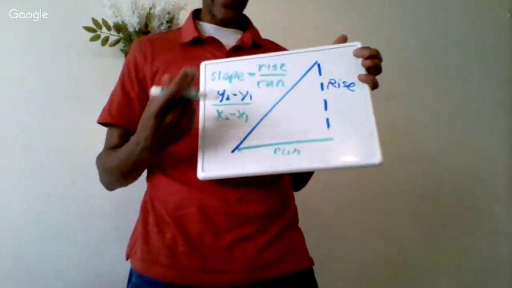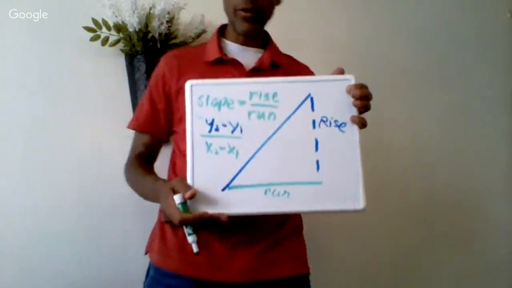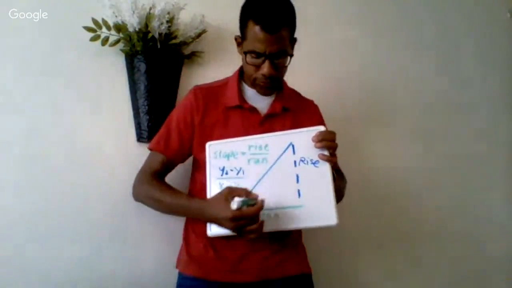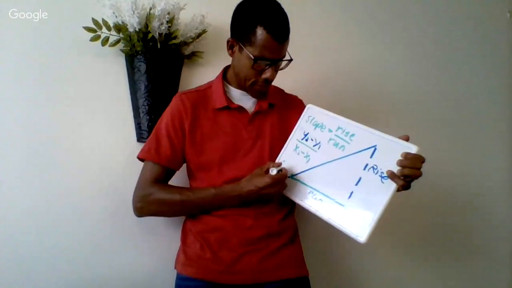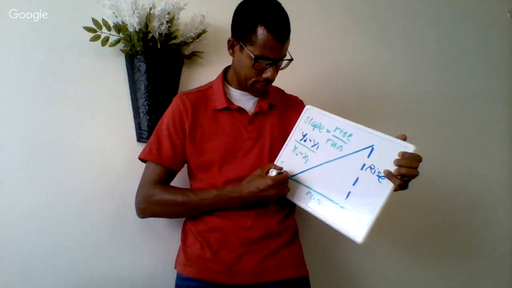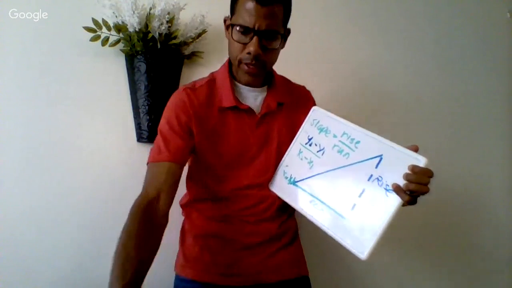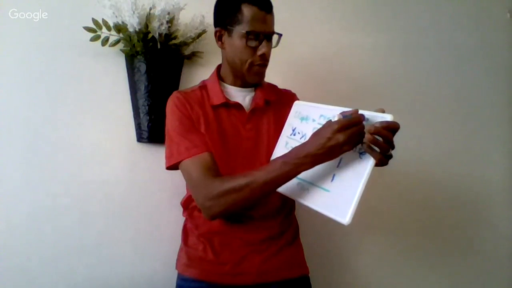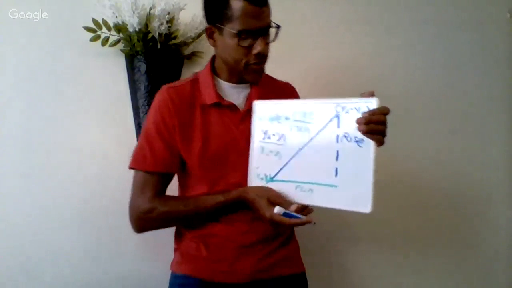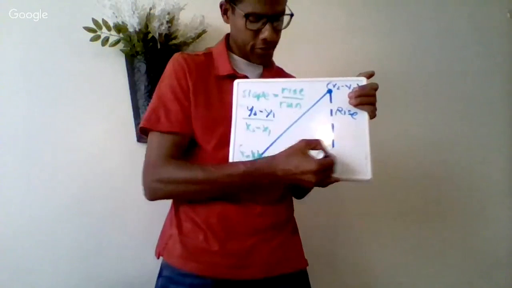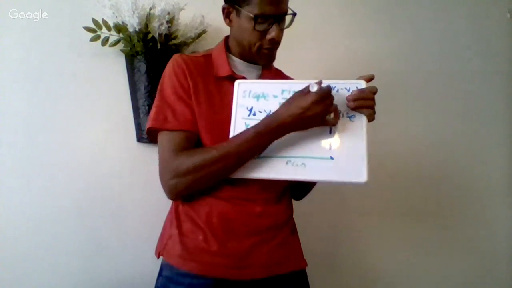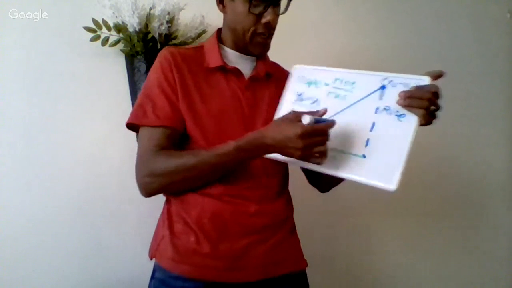You need four things, and the y's are the y component of a point. Here you would have a point down here. This point would be x1 comma y1, and this point up here would be x2 comma y2. Say that y value is 10 and this y value is 0. 10 minus 0 is 10.